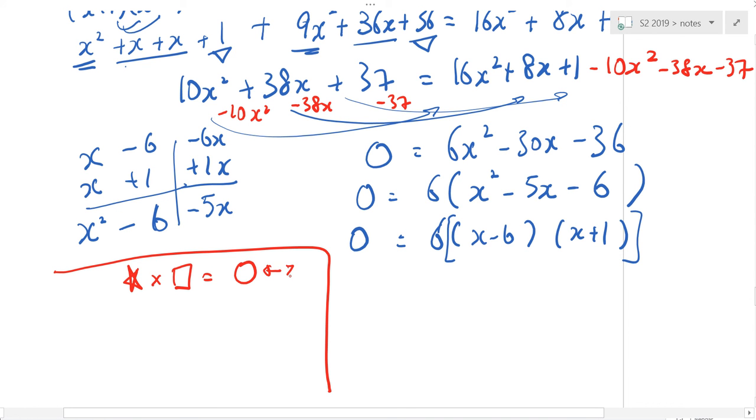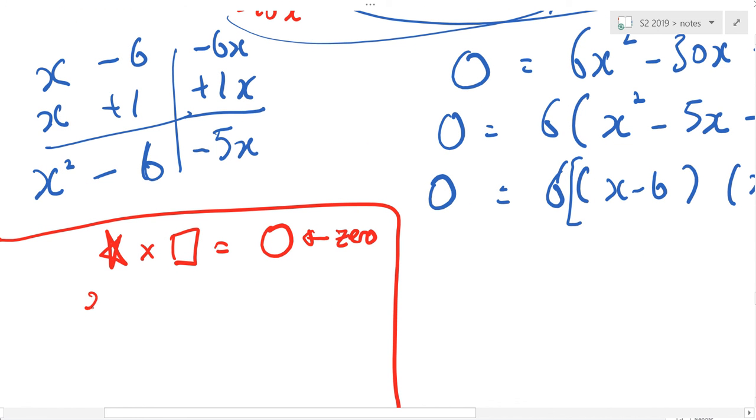What can you conclude about these two numbers? Do you agree that this one or this one must be 0? Now let's try with some numbers. If this is 20, what must this number be so that it will be 0? Do you agree this is 0?